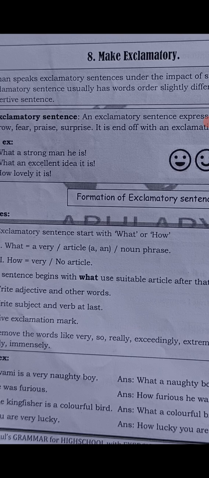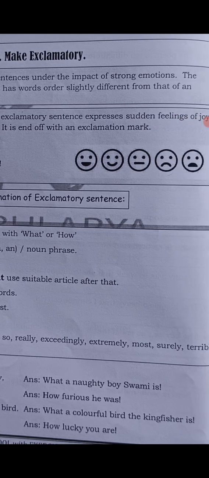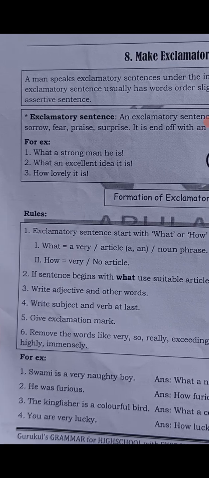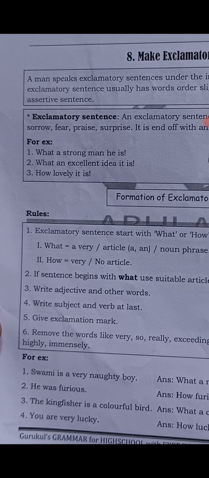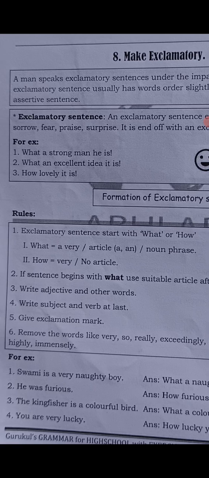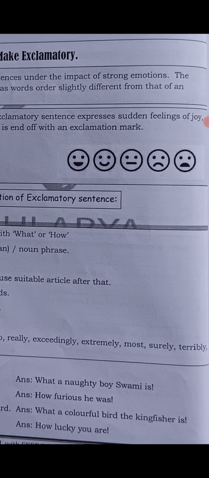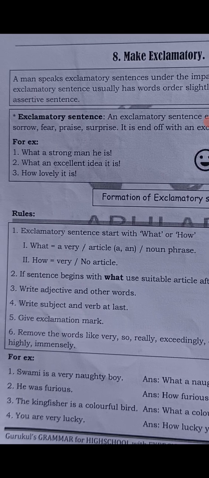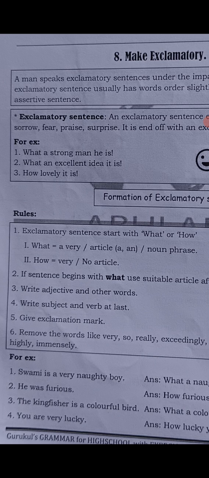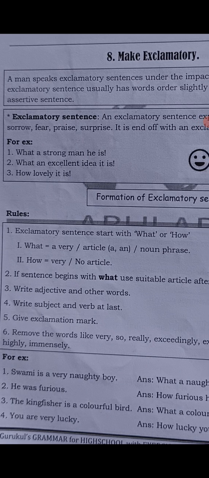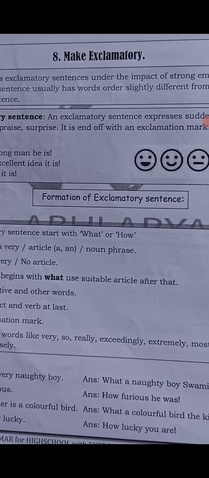The exclamatory sentence usually has word order slightly different from that of an assertive sentence. An exclamatory sentence expresses sudden feelings of joy, sorrow, fear, praise, surprise. It is ended with an exclamation mark.